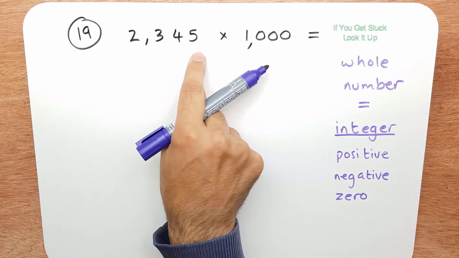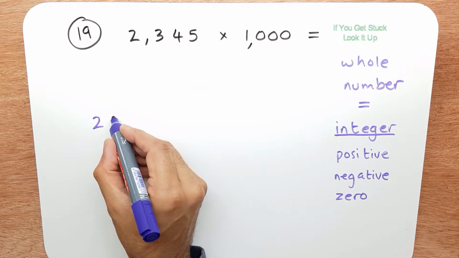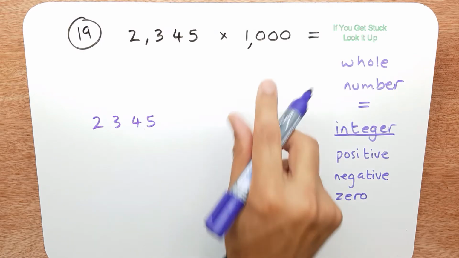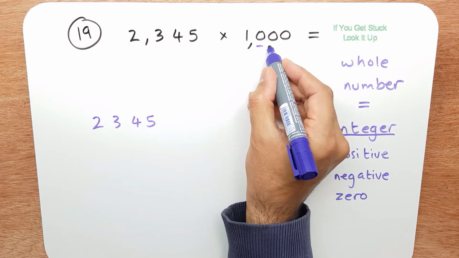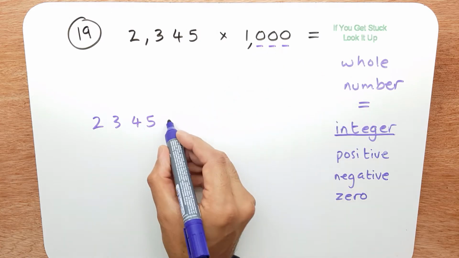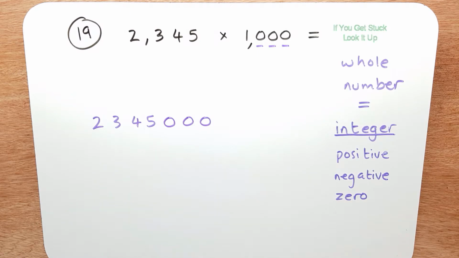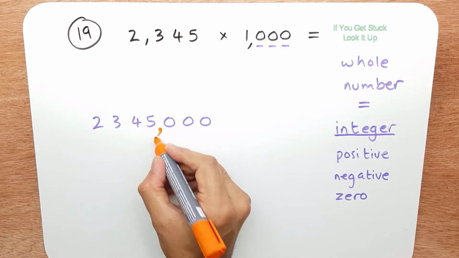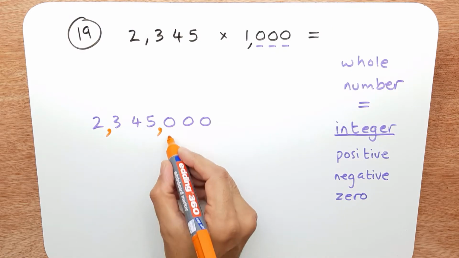And the simple rule for this is you write this number down, 2, 3, 4, 5, and however many zeros we have, in this case 1, 2, 3, we simply add on 3 zeros. As before, 1, 2, 3, comma, 1, 2, 3, comma.